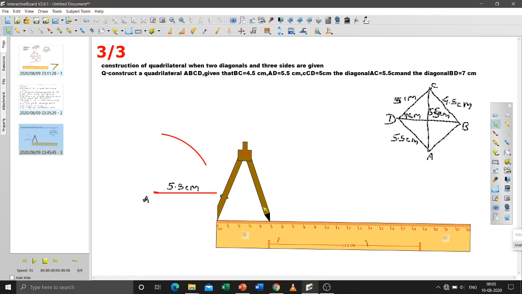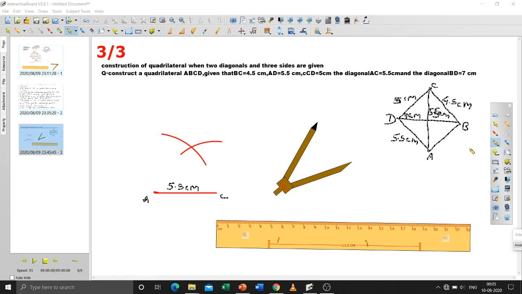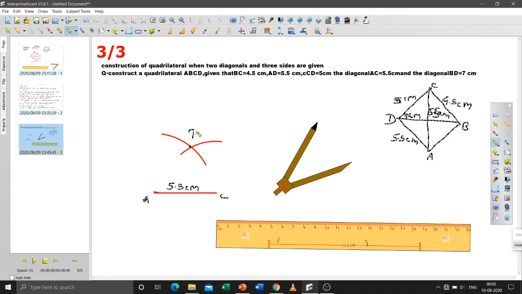You can see the opening is exactly 5 centimeter. Now by taking C as a center, you can see the arc. In this way we'll get the intersecting point, which we'll call D.